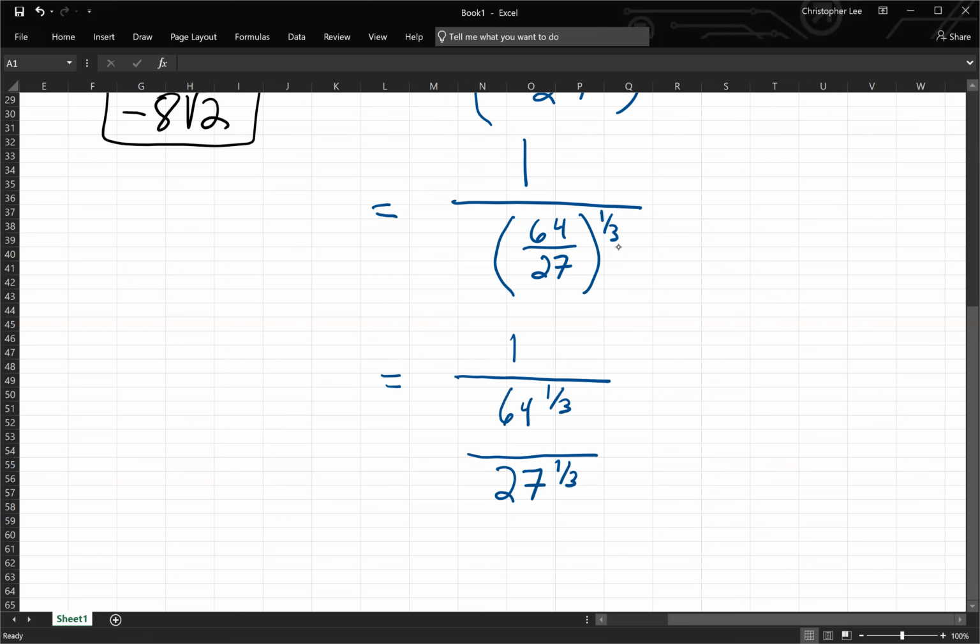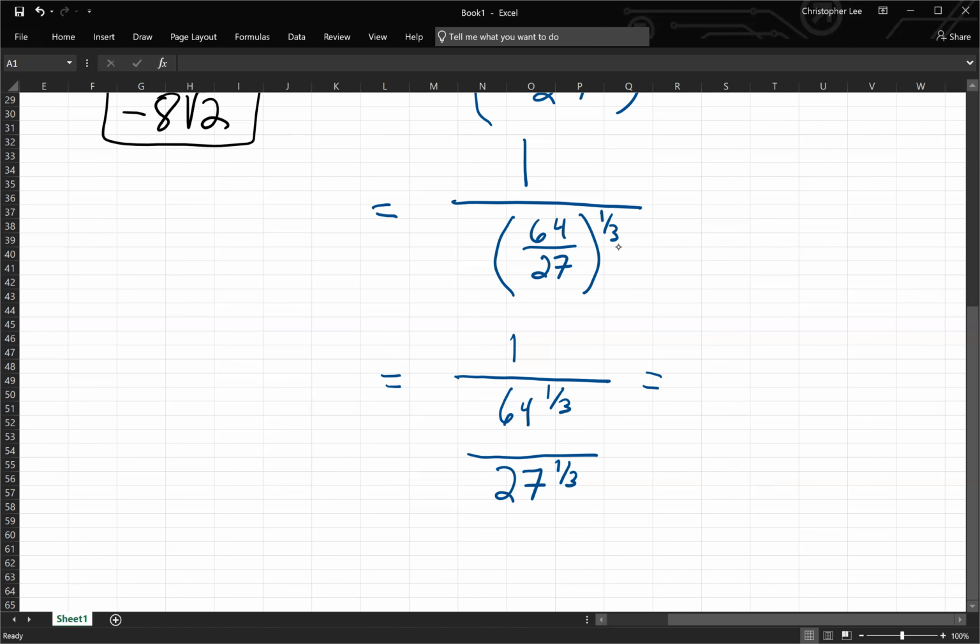So back to this. What is 64 to the 1/3 power? You use a calculator, it's fine. I don't mind. 16 close 4.